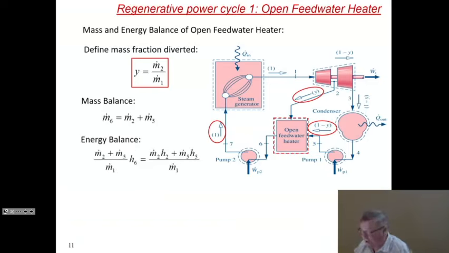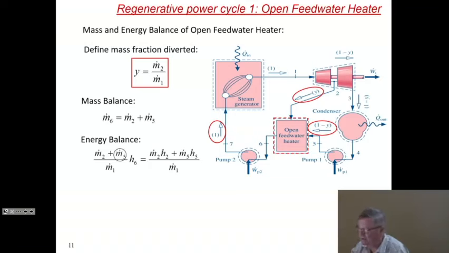The second thing we have to write is the energy balance equation, in particular in this open feed water heater. So the mass in 2 plus the mass in 5, divided by the mass in 1.